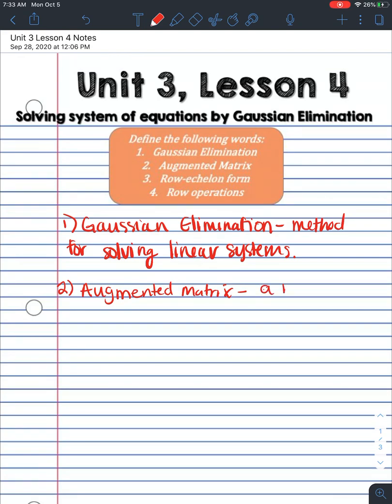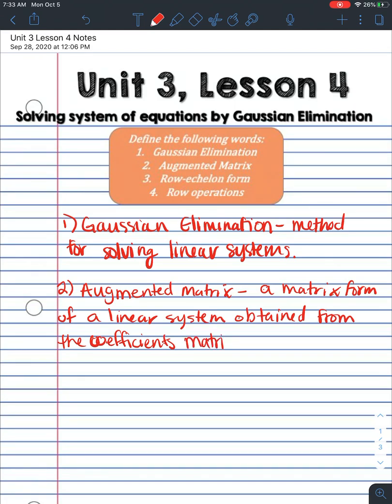An augmented matrix is a matrix form of a linear system obtained from the coefficients, and remember, coefficients are the numbers in front of variables, by the coefficient matrix and a constant matrix. And constants are numbers by themselves, right? Constant matrix.